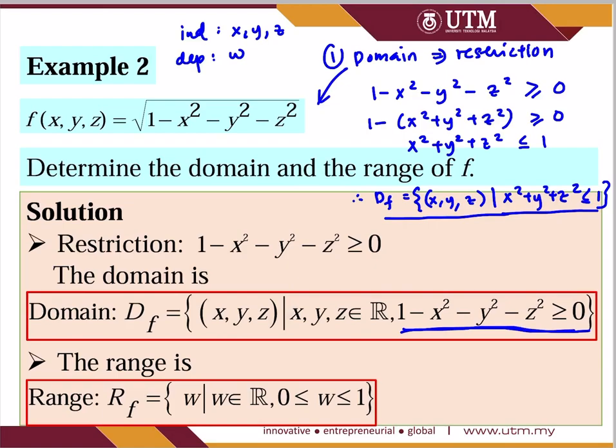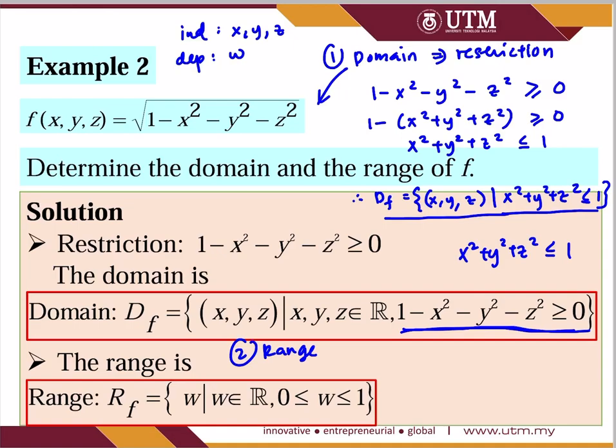Now we want to find the range. Again, we have x squared plus y squared plus z squared, which is less than or equal to 1.